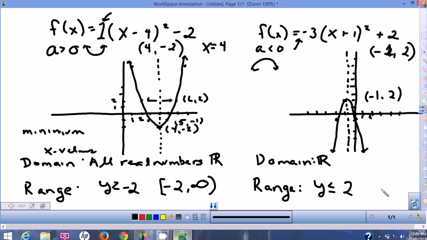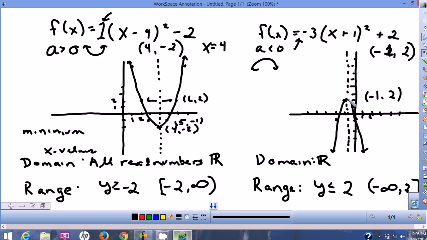And I can write this, remember we always put the lowest number first, so my least number here is -infinity because this goes down forever. And I use a parentheses for that. We always use a parentheses for our infinities because it never really gets there. Up to a value of 2. And it gets a bracket because it does reach that value of 2.